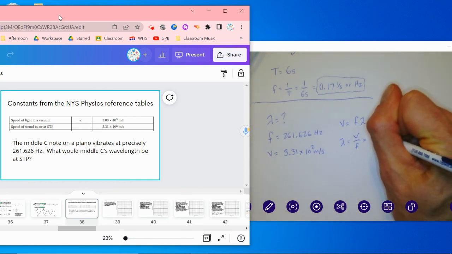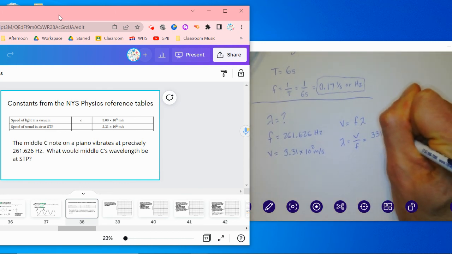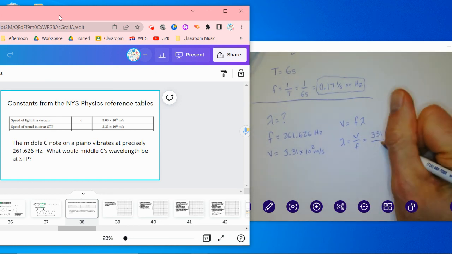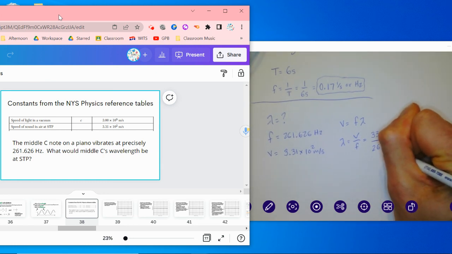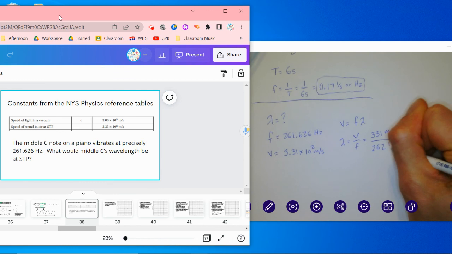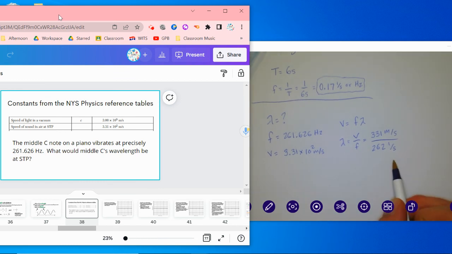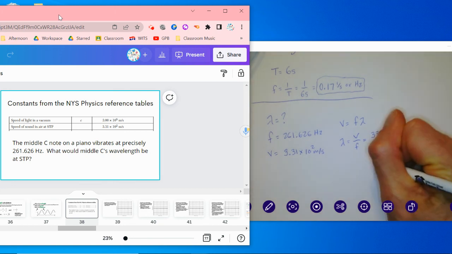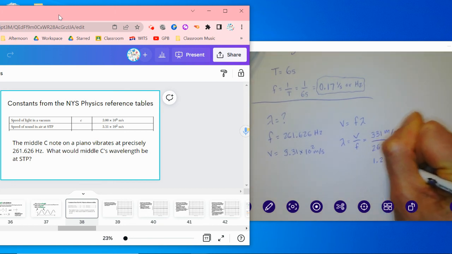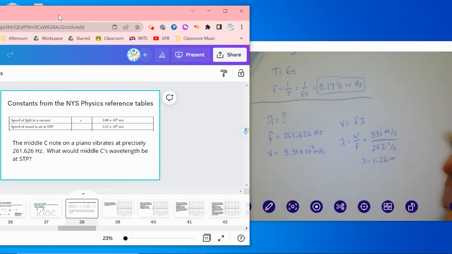And this is going to be 331 meters per second divided by, let's call it 262, 1 over s. When we do this work, we're going to find out that it is actually a little bit longer than a meter. So literally, it's 1.26 meters. The wavelength of middle C is 1.26 meters.